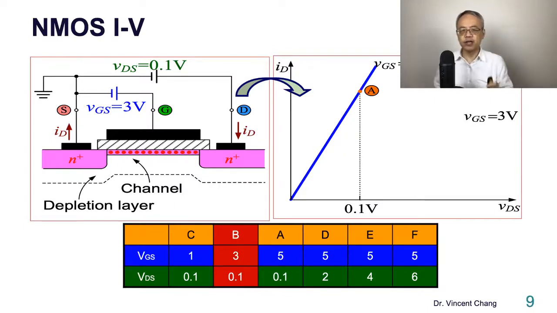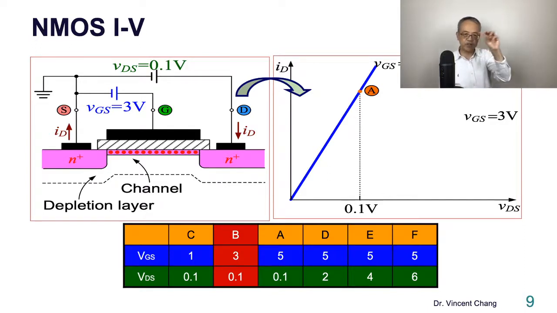Here's the point A. What about the point B? The VDS is the same. The linearity remains the same. The symmetry between source and drain and the uniformity of the channel remain the same. And then the VGS is decreased. Remember, the vertical electric field is going to become weaker.